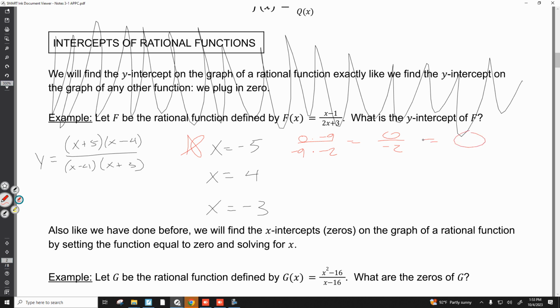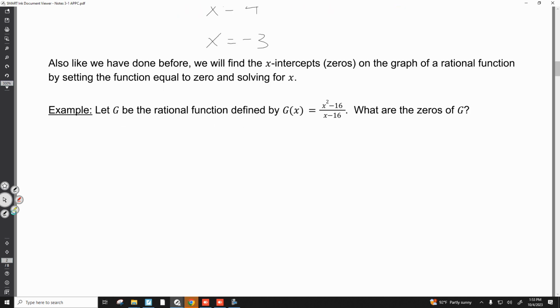So, pop down here. Guess what? While we are examining these rational functions, we find that our zeros, or our x-intercepts, will occur when I plug in an x, and I get a 0 divided by a number. 0 divided by a number is a 0.